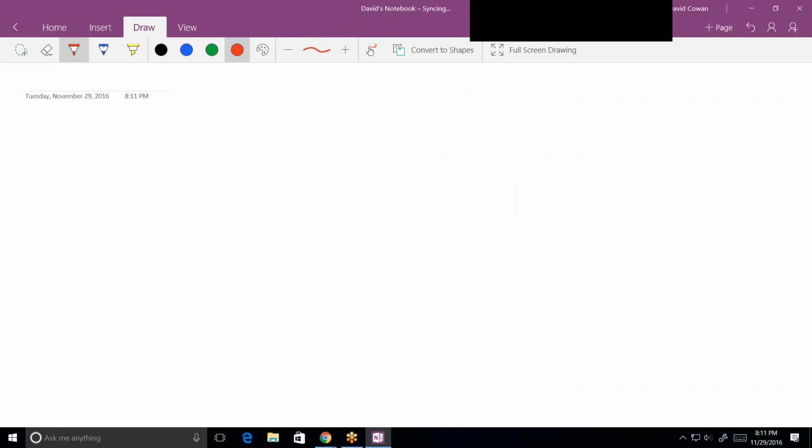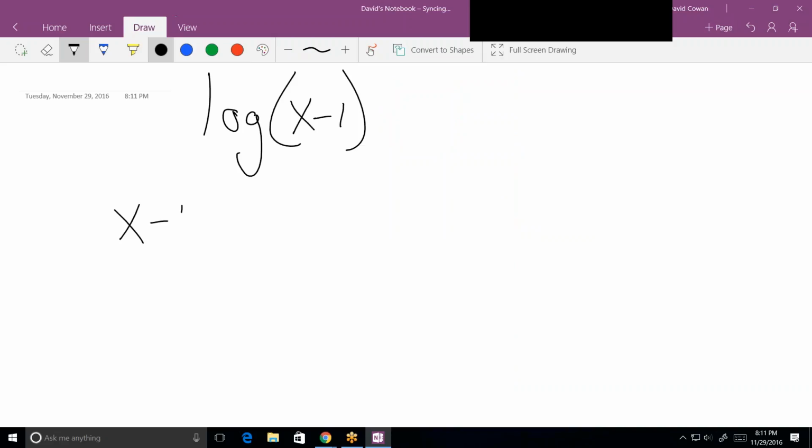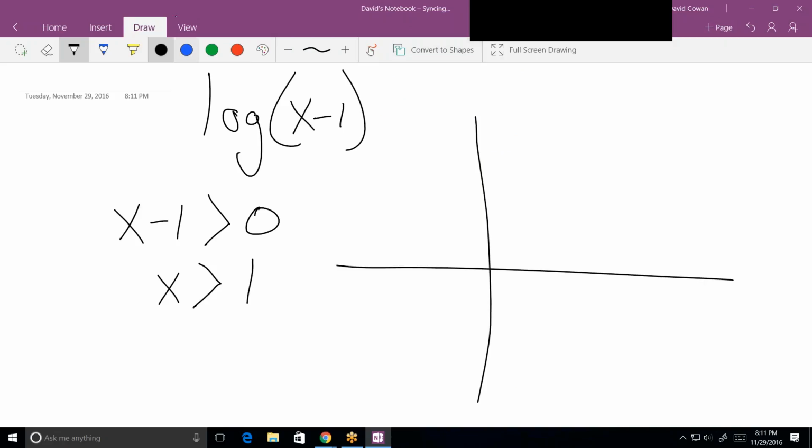Okay. The argument being x. Now, let's say I had this, the log of x minus 1. Well, now x minus 1 has to be greater than 0, which means x has to be greater than 1, which means you're going to have a vertical asymptote at 1.